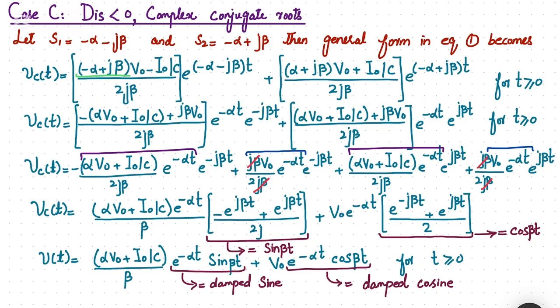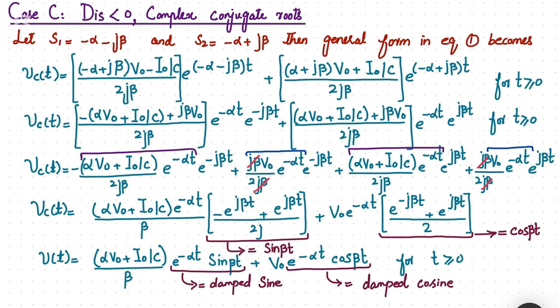Here this is the value of s2, this is e raised to power s1 t, then this is minus s1 and this is the value of s2, and the denominator was s2 minus s1, so therefore this is equal to 2j beta.